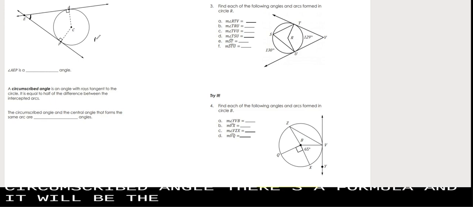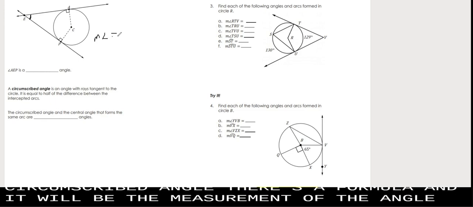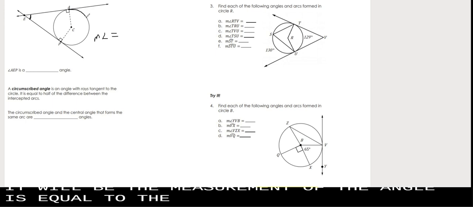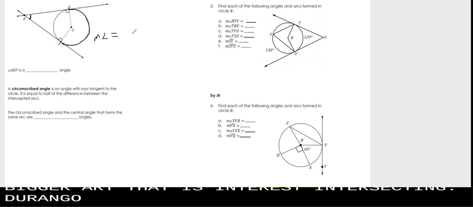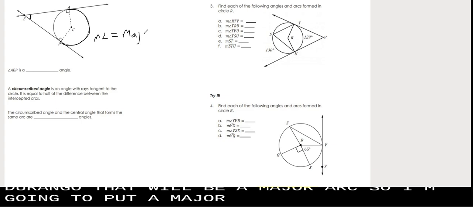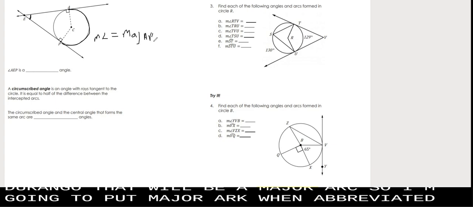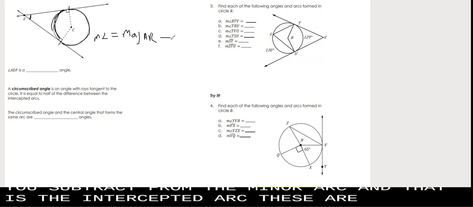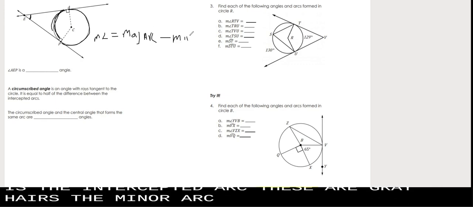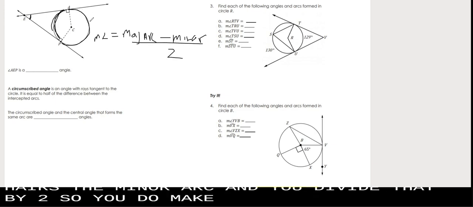The measurement of the angle is equal to the major arc, which is the bigger arc that is intersecting that angle, so I'm going to abbreviate it as major arc, minus the minor arc, which is the intercepted arc. This arc right here is the minor arc, and you divide that by 2.